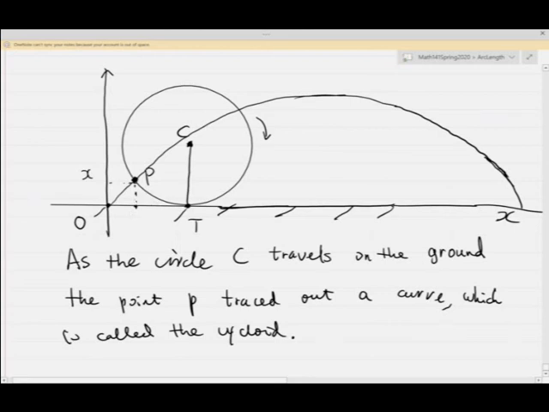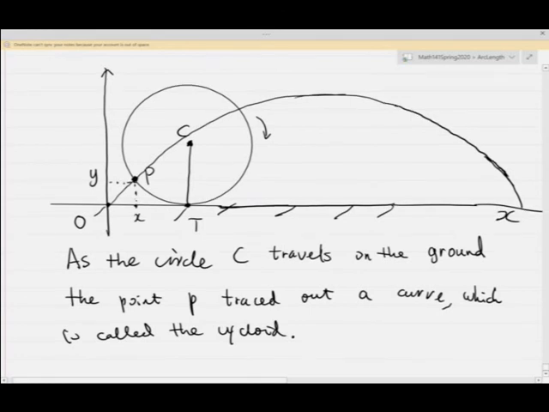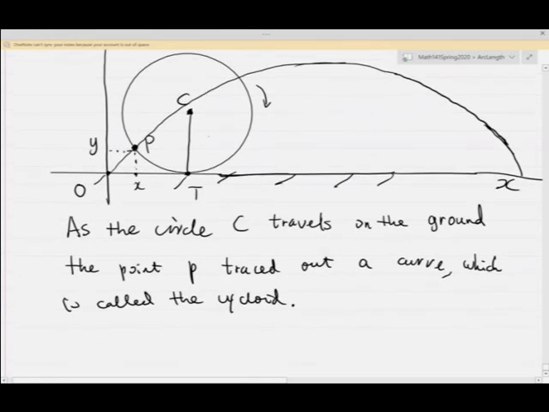I need to write here. This is X. This is Y. So how do we find X and Y in terms of known properties? The radius is R, and this is theta.